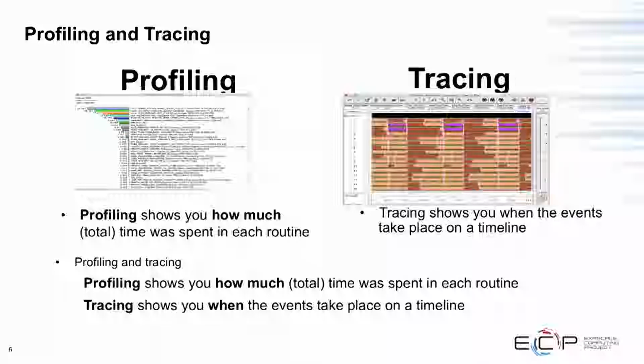The key difference is profiles show you how much total time was spent in your application, while traces will show you when the events take place because it creates a time-stamped log of events.